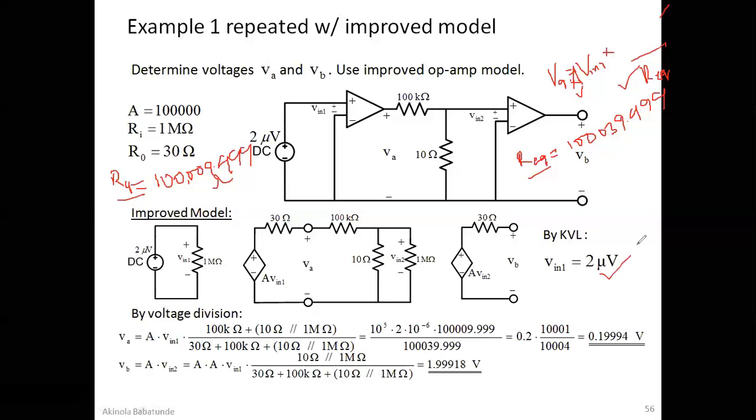You just put all of these parameters into this equation, and if you do that, mathematically speaking, you're going to obtain your VA to be equal to 0.19994. Eventually, they got their own RA, 100,300 something. Then this, they approximated.